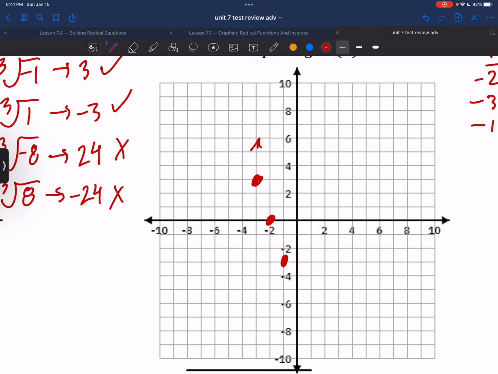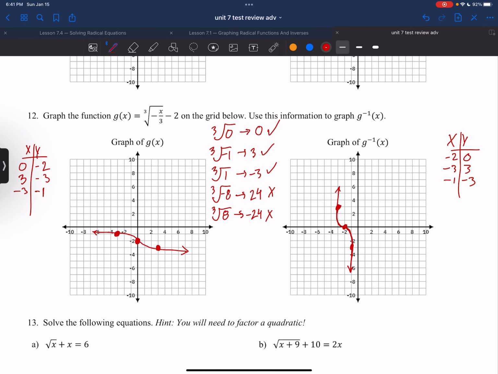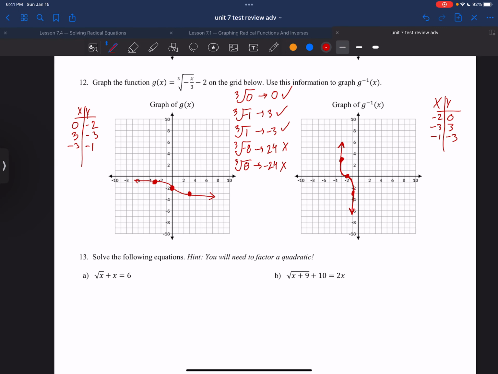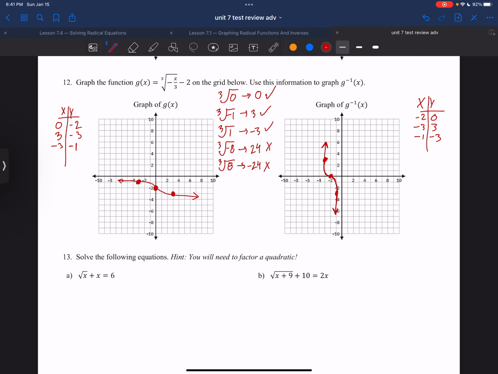Do that first leg like this, and then the second leg like that. Boom. And that's a decent cube root curve. Or sorry, that's a decent cubic. Nice. Good. Oh man, we're almost through part 2.